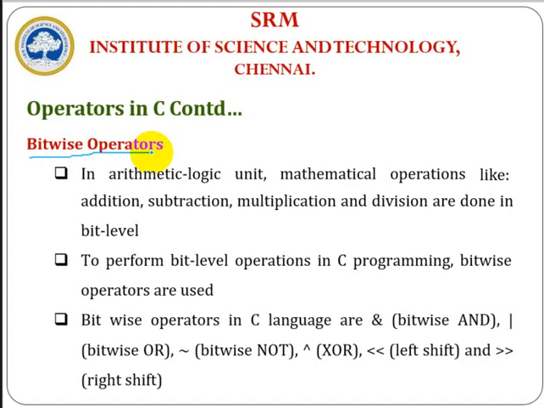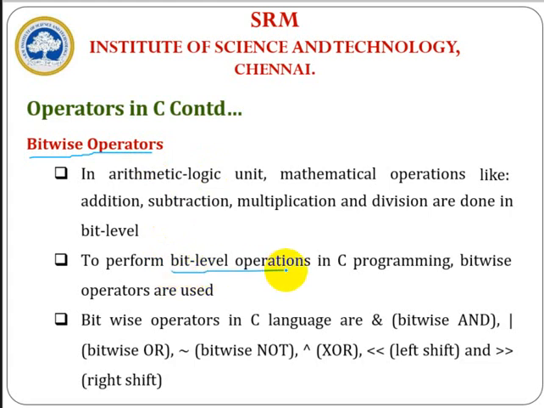The logical operators, the mathematical operations, arithmetic, all come under the logical unit. So when we are speaking about binary, then the bitwise operators might be useful. To perform bit level operations, this is the key point you need to keep in your mind.